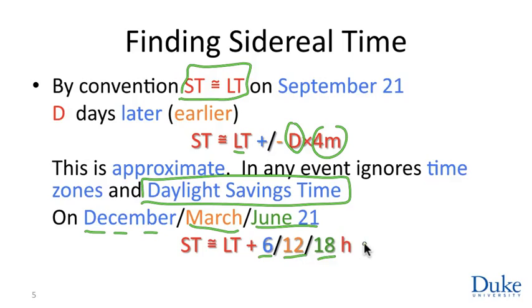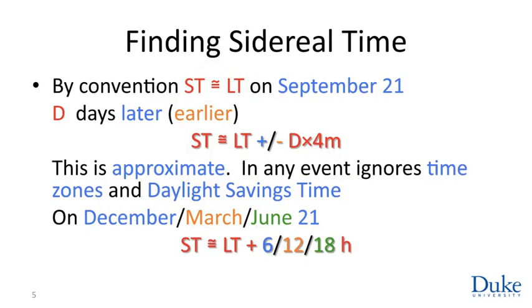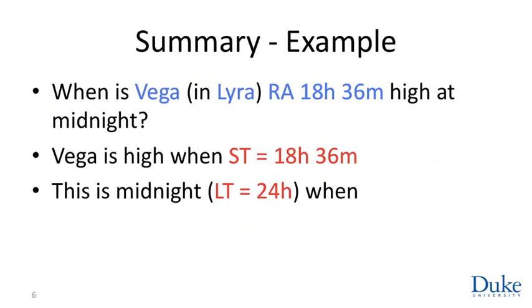So now we know how to find sidereal time. And now that we know how to find sidereal time, let's use this to solve an actual problem that might interest us. So suppose that we are interested in looking at the bright star Vega in the constellation Lyra, and we want to know when Vega might be visible in the sky as high as it can around midnight.